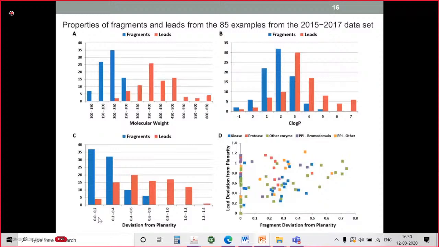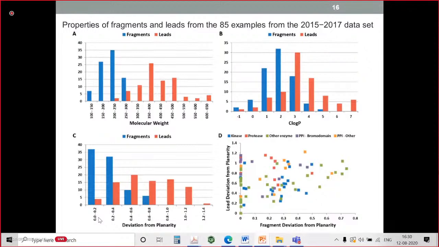Even if we compare the other fragments, there is a RMS of near around 0.8. So most of the fragments are almost planar, and the deviation, of course, is not very high.